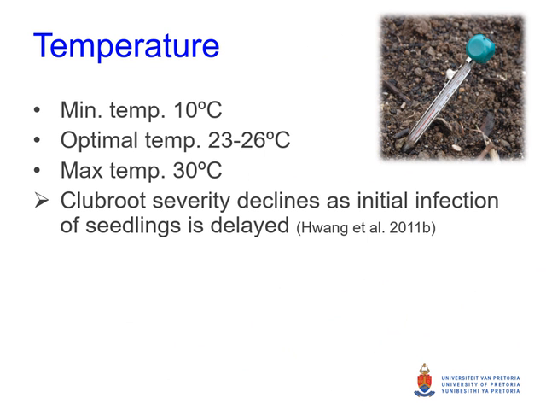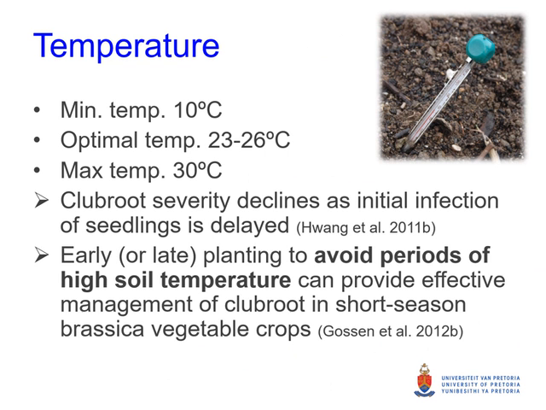So we want to try and delay initial infection to reduce the final amount of disease. And this can be done by changing planting dates to either plant earlier, in other words, towards the end of winter, beginning of spring, or much later when it's in the middle of the rainy season and temperatures are cooling down already. And this is to avoid periods of high soil temperatures that are favorable for the infection of root hairs.